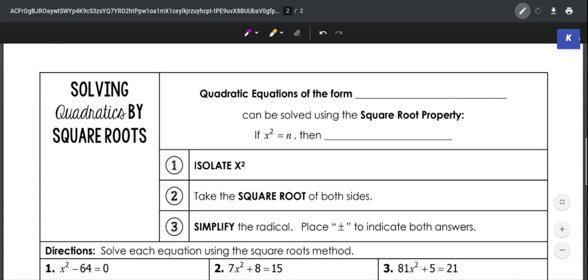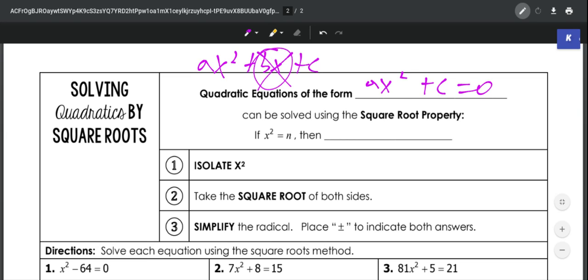So a quadratic equation has the form ax squared plus c equal to 0. So when we don't have the setup of x squared plus bx plus c, when we don't have that middle term, we can use the square root property to solve this.